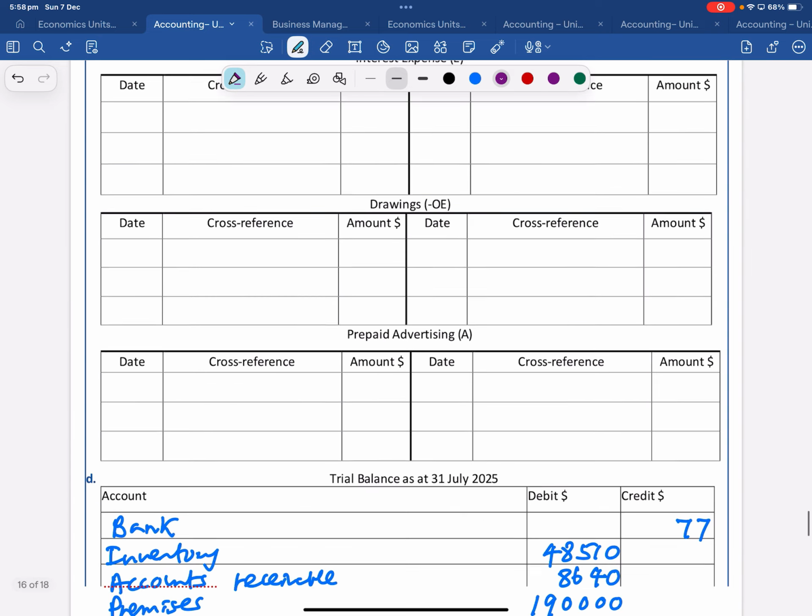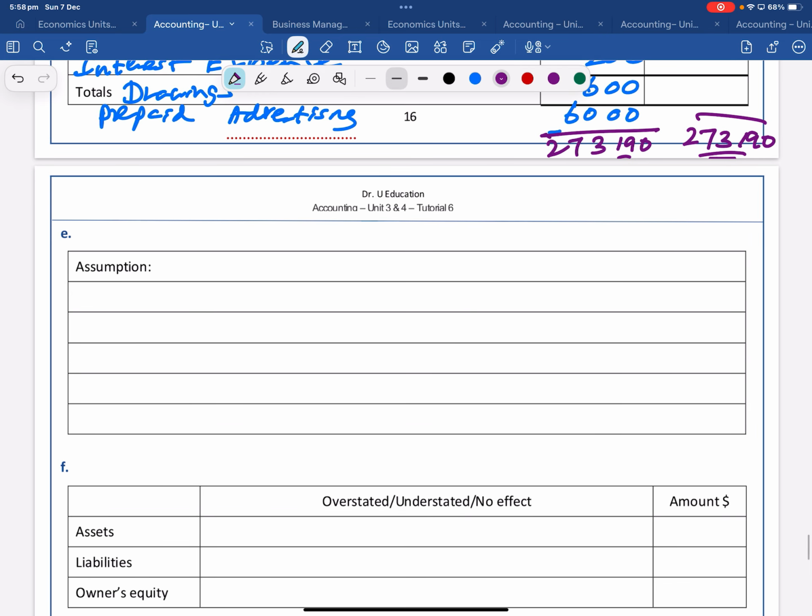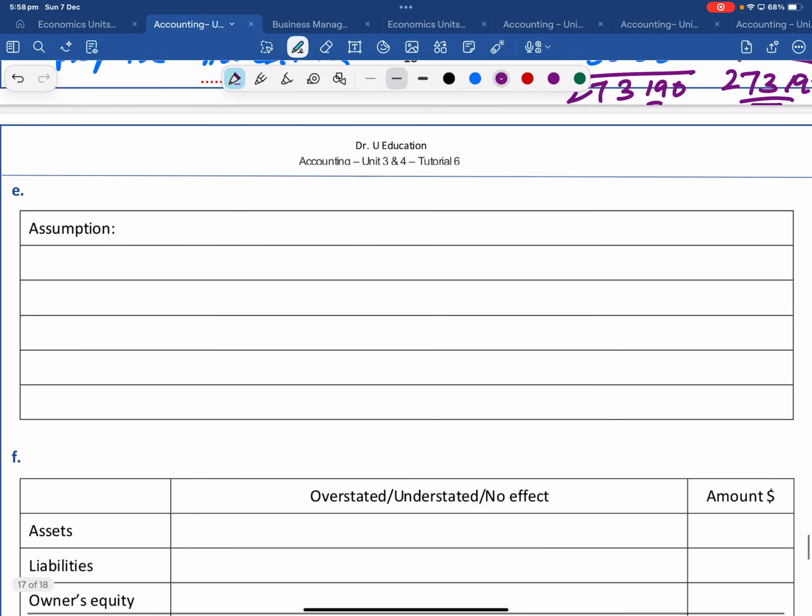Because earlier they had asked about the definition of the accounting element, revenue, and this one we can talk about the accrual basis. Don't just write accrual or just basis. It's accrual basis.